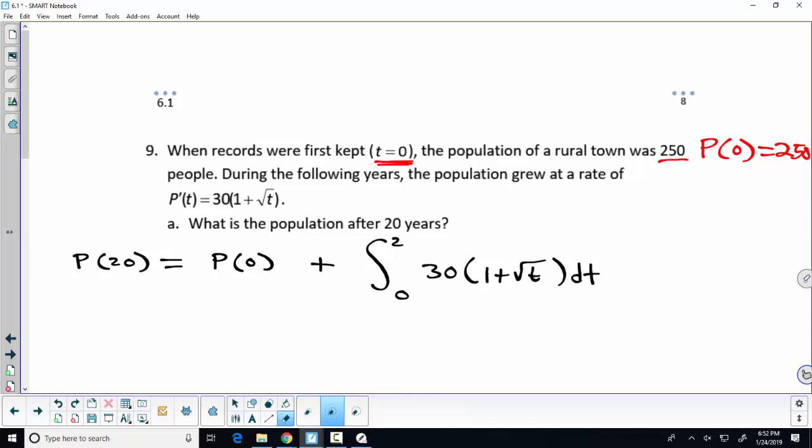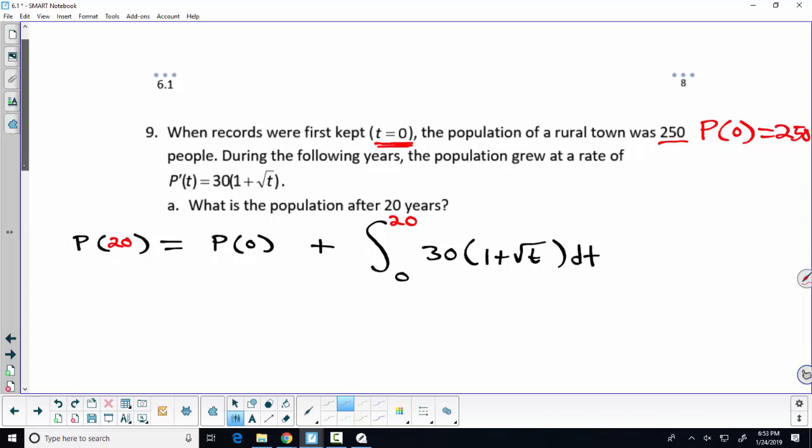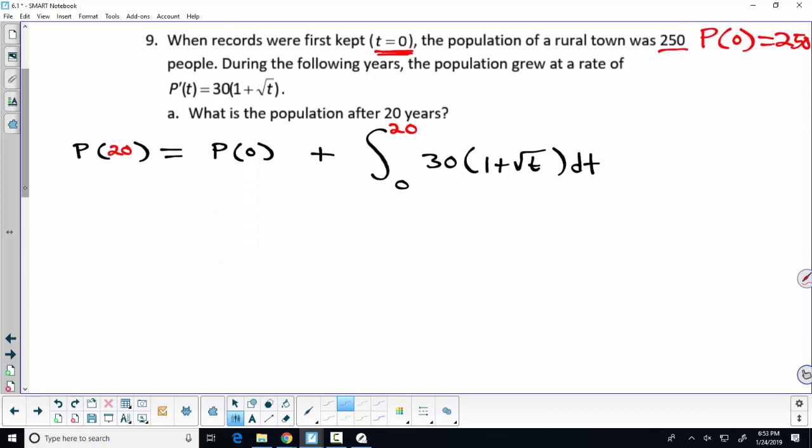Just for clarity again, I'm going to erase, for the visual people, that's our input right there. Remember also that the initial time is matching the lower bound of our antiderivative. So either way you slice it here with part A or part B, you're doing that first.